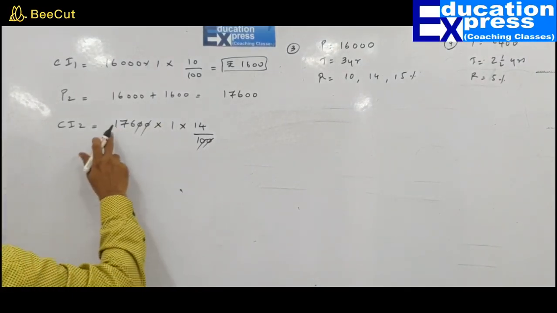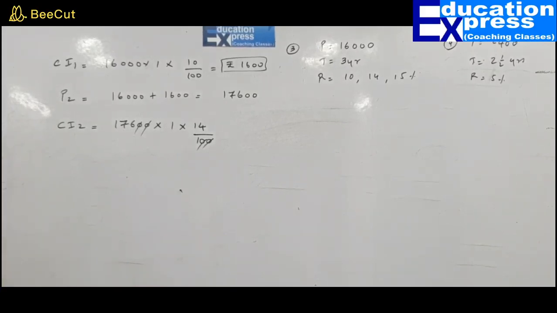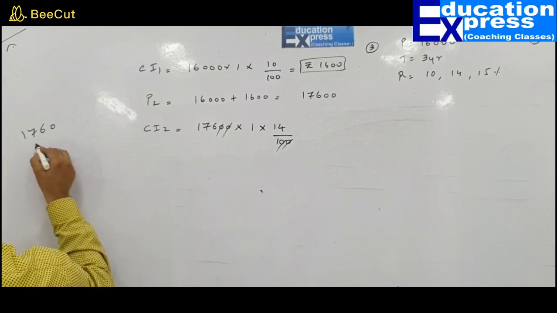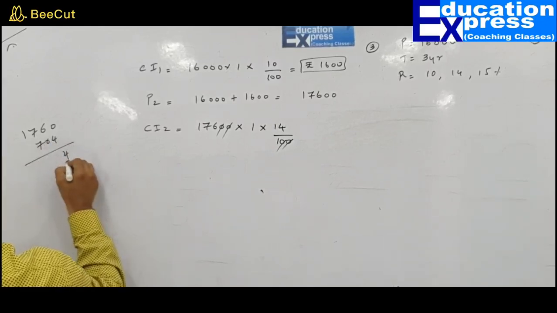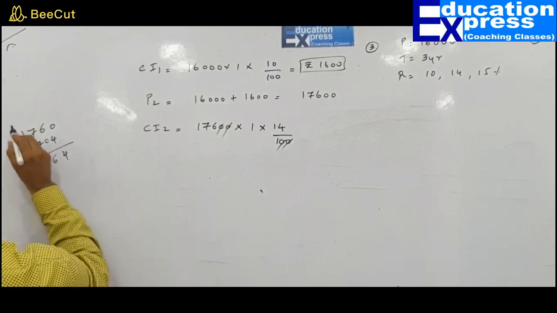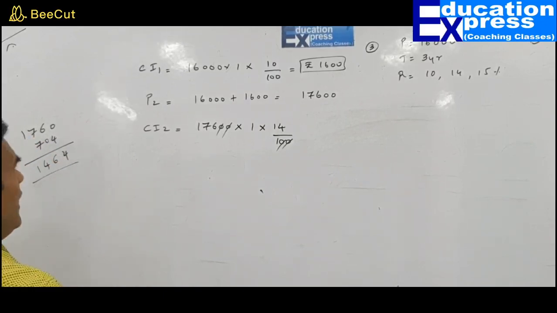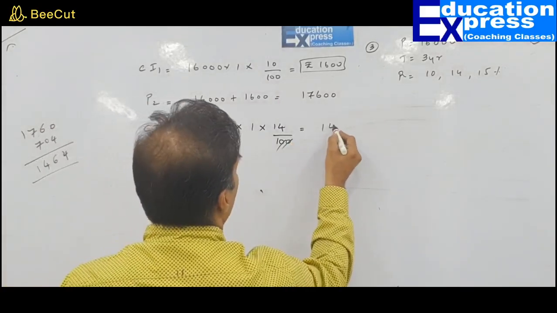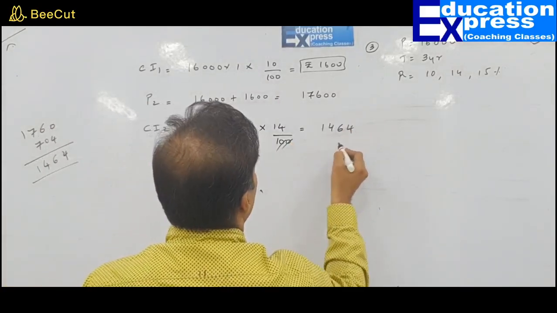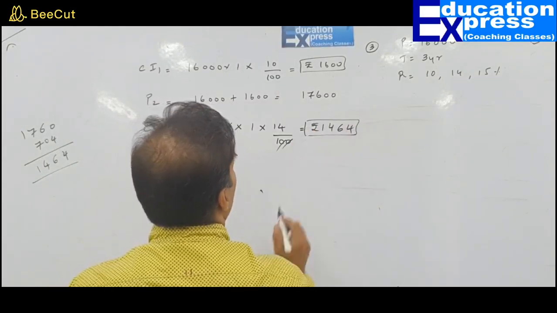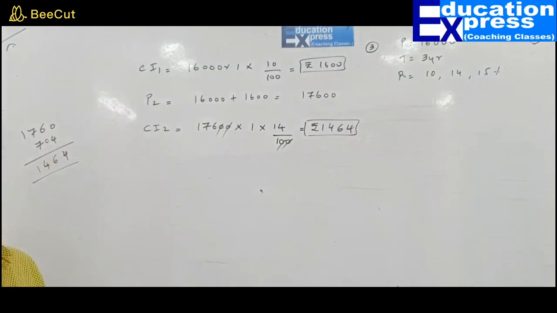So 176 into 14, that is 176, 704... My dear students, tell me if the calculation is wrong. Please help me if the calculation is wrong.